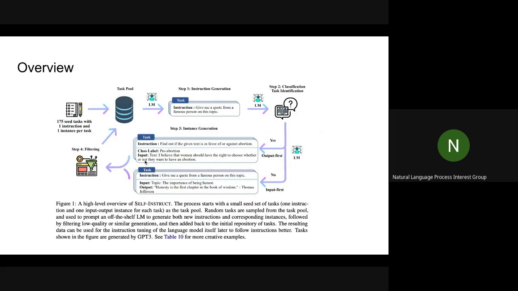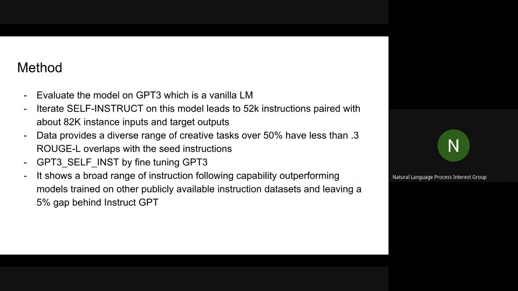For each instruction, they generate a few different, to be honest, I don't know how great this diagram's example is, because 'give me a quote from a famous person on this topic' has very close to nothing to do with the first instruction and class label. But the main goal is they use this process to create a lot of instructions, and about 1 to 2 instances for each of those instructions for inputs and target outputs.